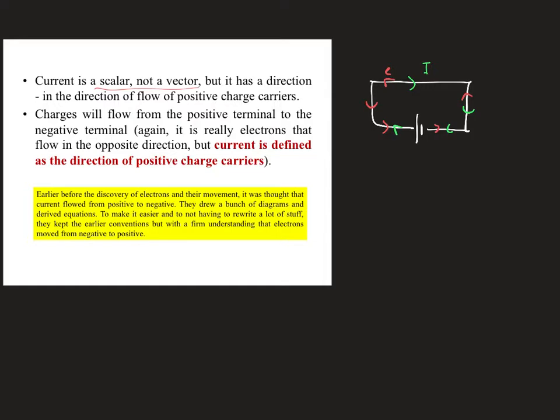But we follow the first people who found this concept, and till now we still follow it. That's the reason why the direction of the current is opposite to the direction of the electron, even though, based on our understanding, when the electron moves, there will definitely be a current flow.